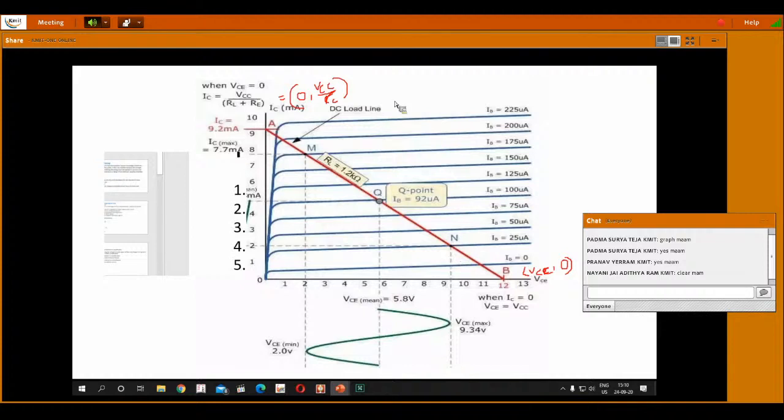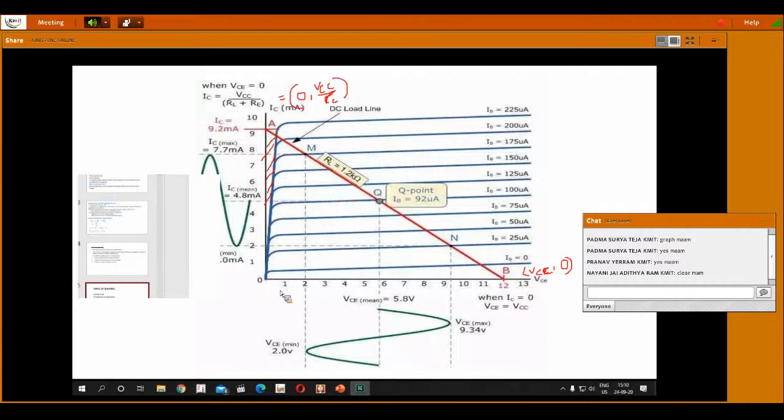For faithful amplification, as we already discussed, our transistor can act like an amplifier only in the active region. Look here. This area I am crossing belongs to the saturation region, whereas the region below IB equal to 0 belongs to the cutoff region, where the collector current is 0.